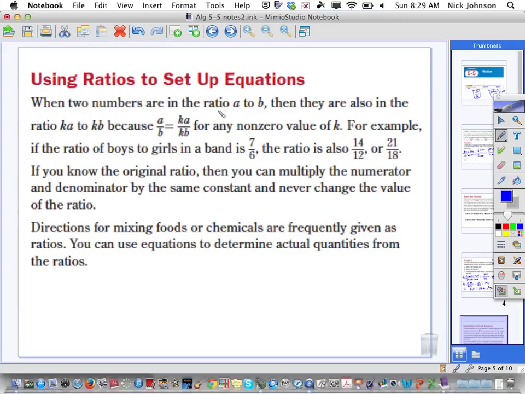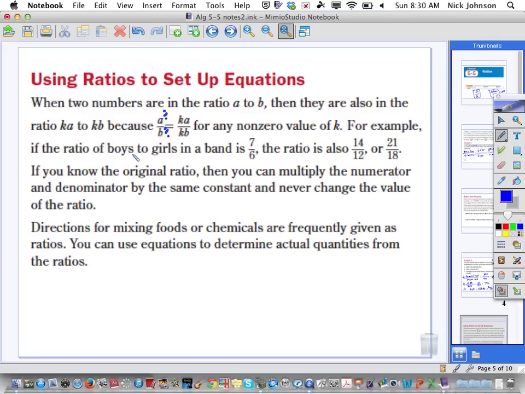When two numbers are in a ratio, A to B, they are also in a ratio kA to kB, because A divided by B is equal to kA divided by kB. All you're doing is multiplying that number by some value. It could also be the same thing as dividing by some number, because k could also be 1/4.